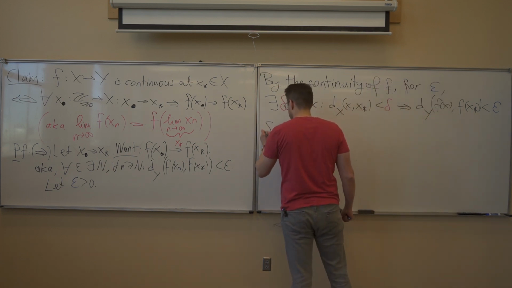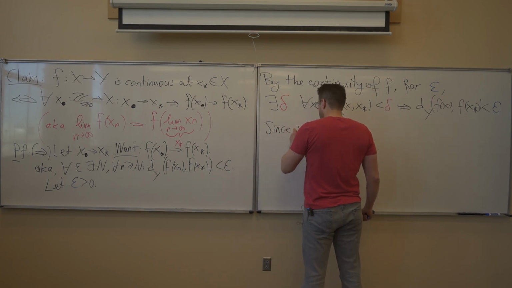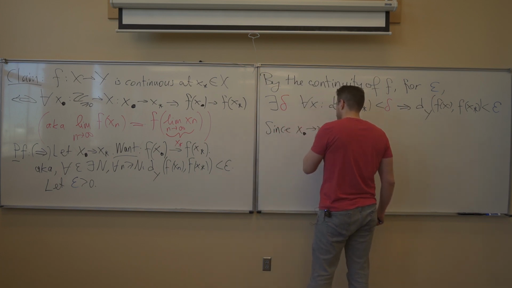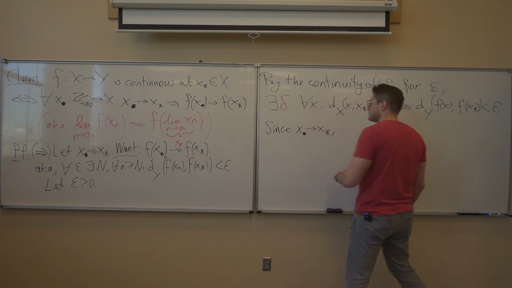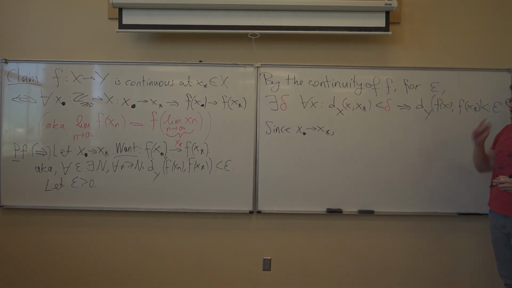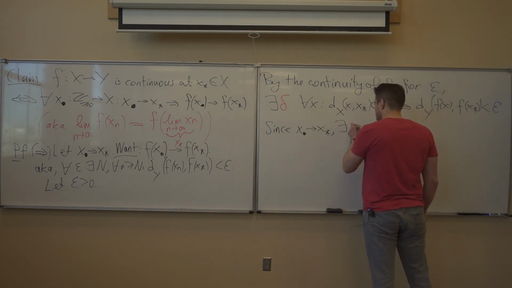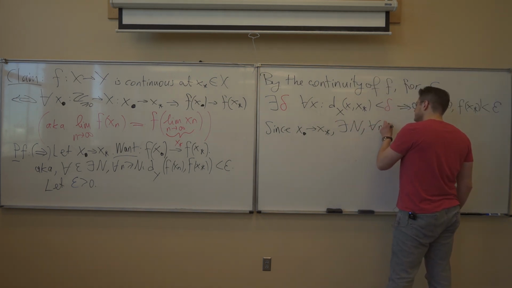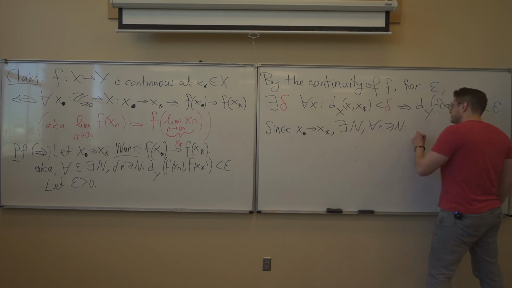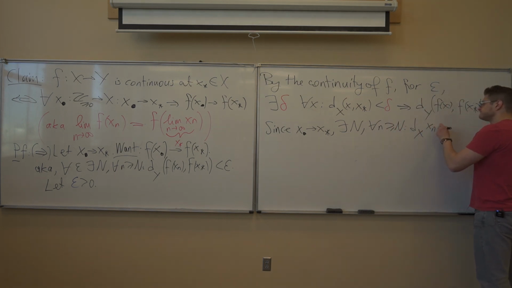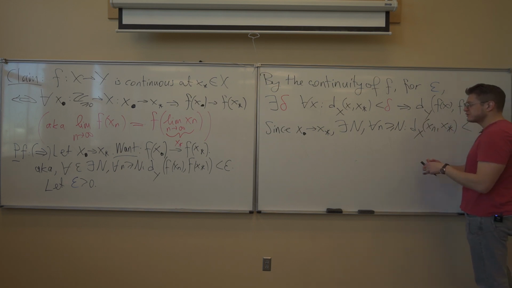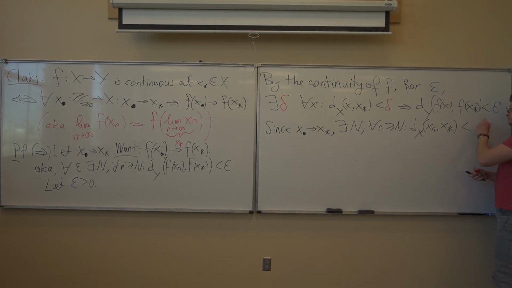Since for the red delta, there is some capital N such that after it, the nth term of my sequence will be red delta close to the target.